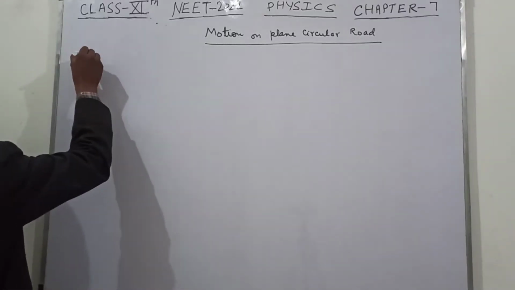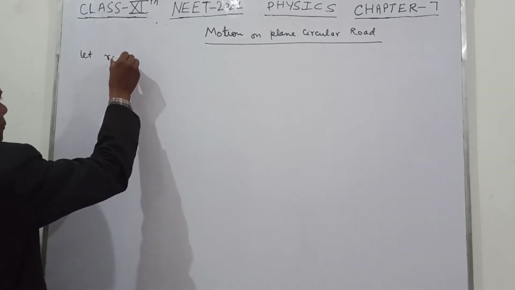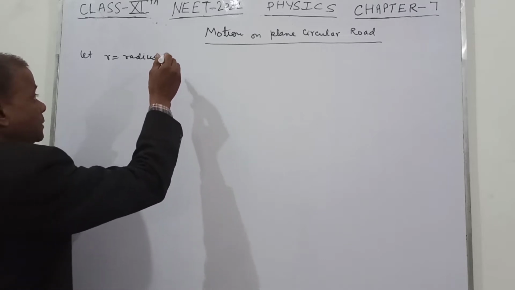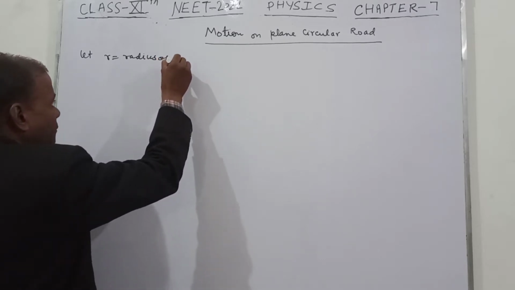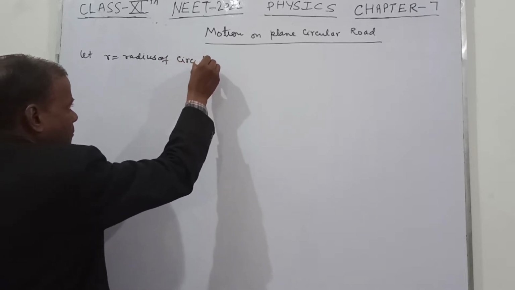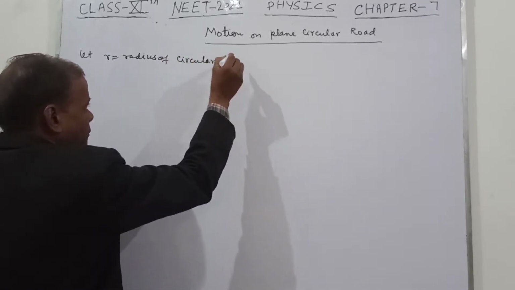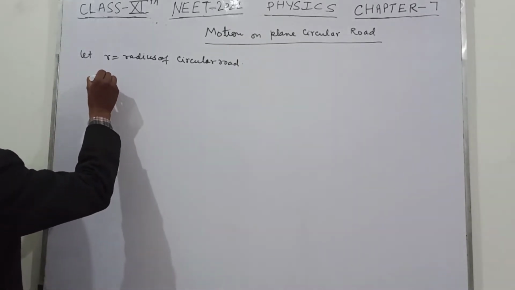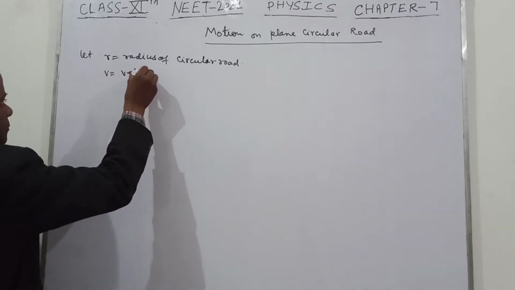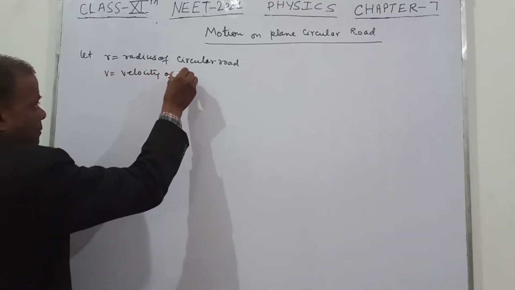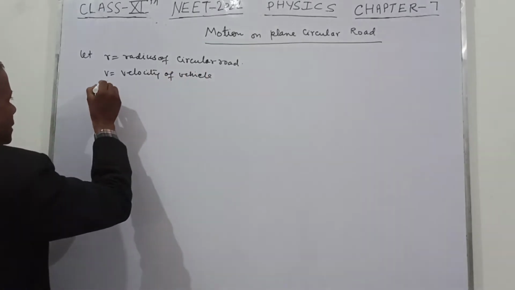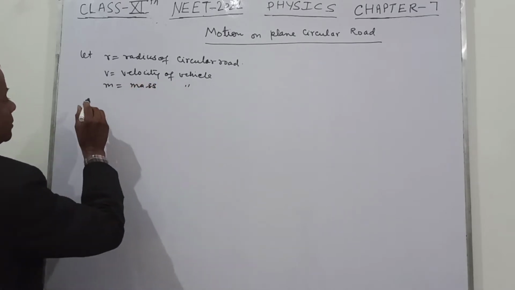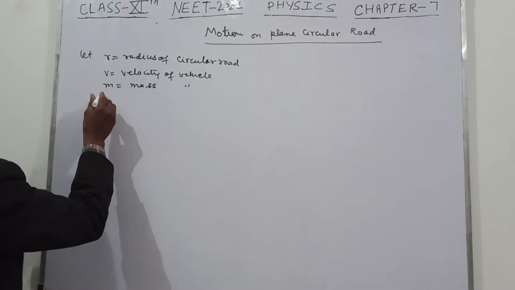Let R equal the radius of the circular road, v equal the velocity of the vehicle, and m the mass of the vehicle.